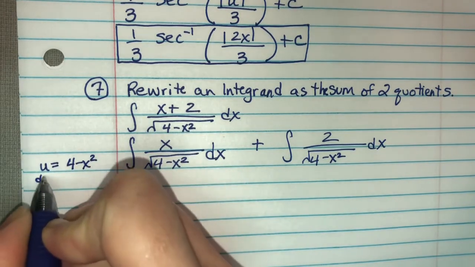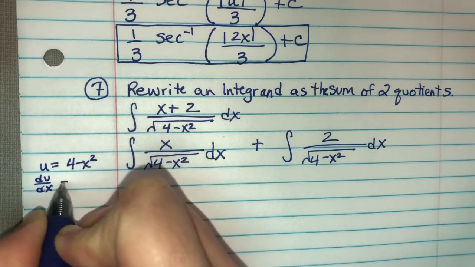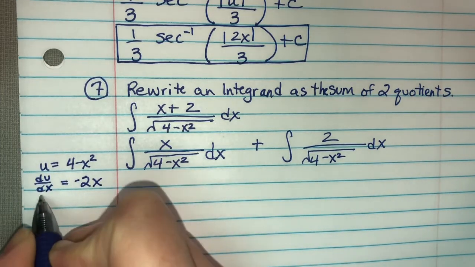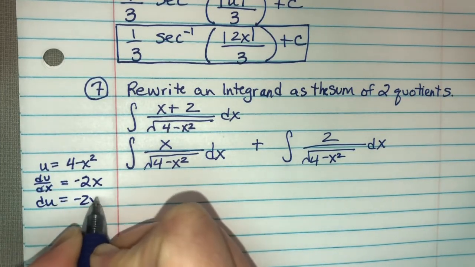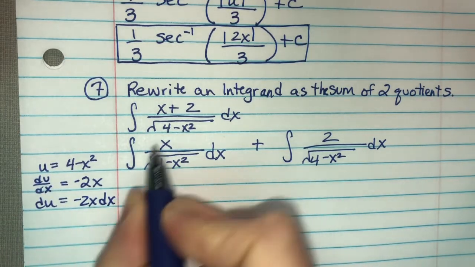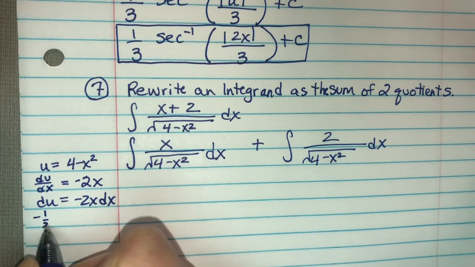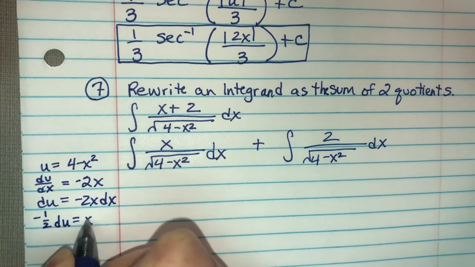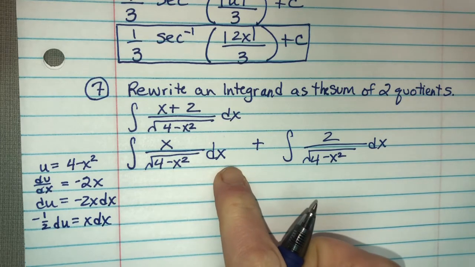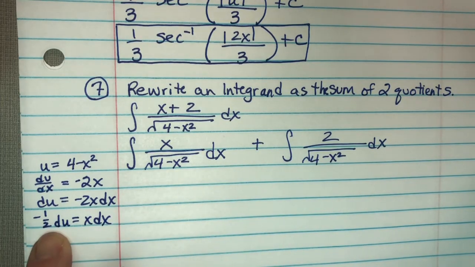So we'll take the derivative of u with respect to x and get negative 2x, and then multiply by the dx on both sides. And then we're going to say no negative 2 already here, so let's multiply by negative 1/2 to isolate x dx. I do have the x dx, so that will come out and be replaced with a negative 1/2 du.